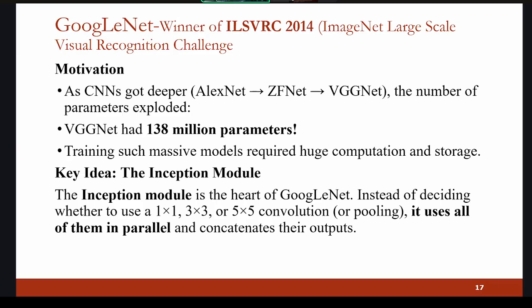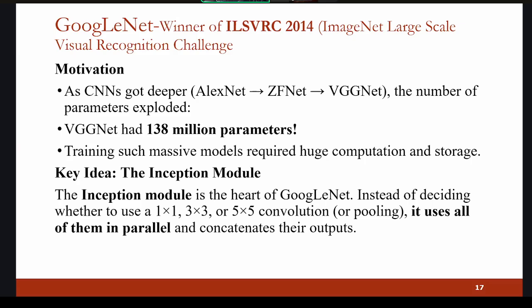Instead of applying the convolution layers sequentially, they are applying convolution layers in parallel, and they are concatenating the output of those convolution layers, and that is given as input to the next pooling layer. That is the new idea they came up with respect to GoogLeNet, the introduction of the inception module.